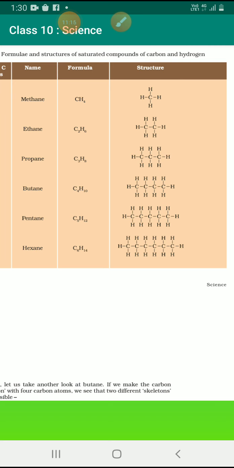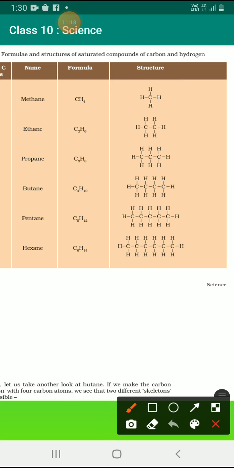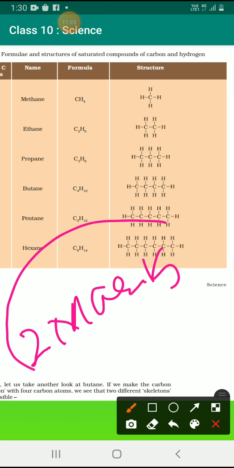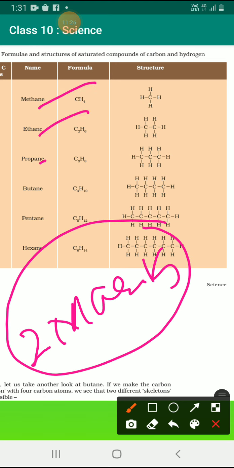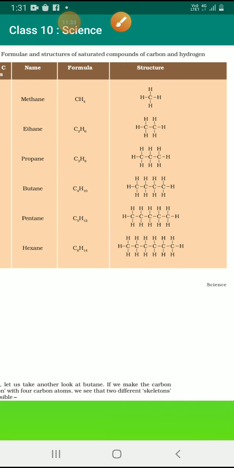Okay, and why I'm stressing and telling you is, remember that this is very important for 2 marks. Remember that any of these structures can be asked in the board examination for 2 marks, 1 mark for each.